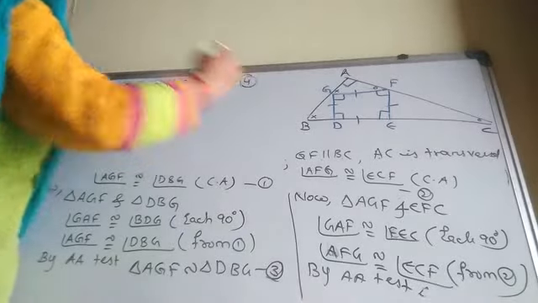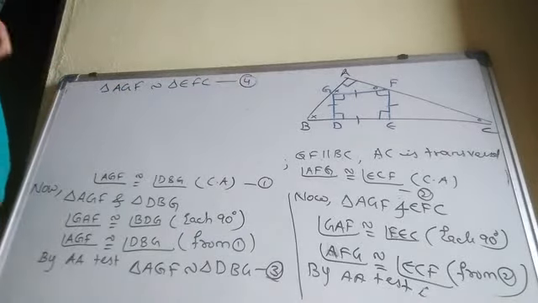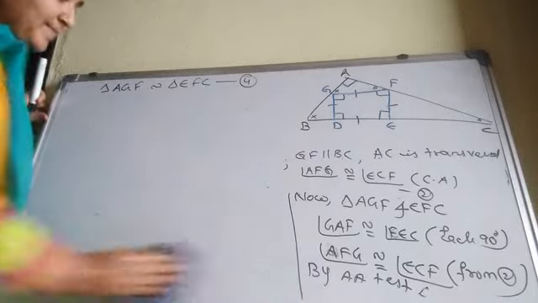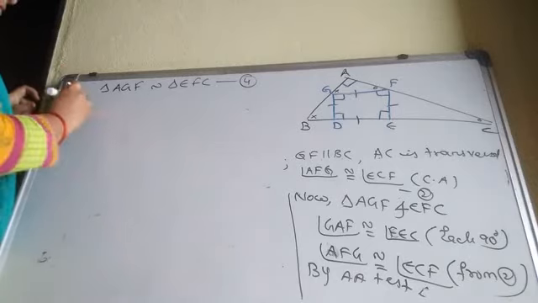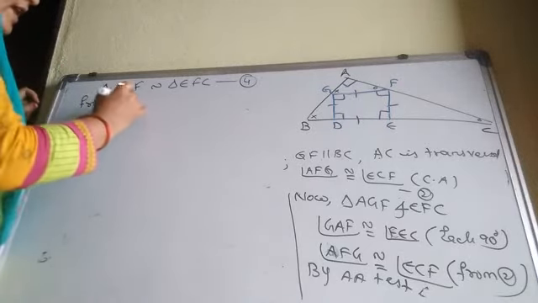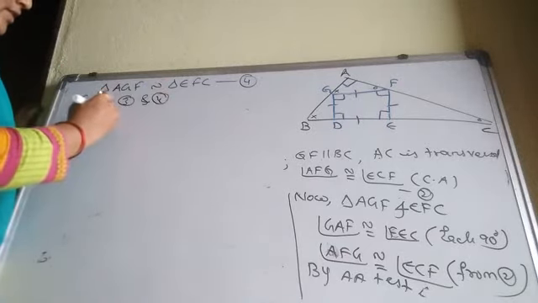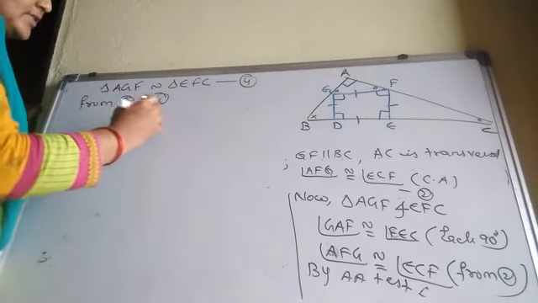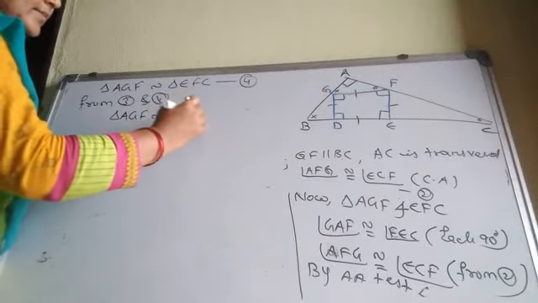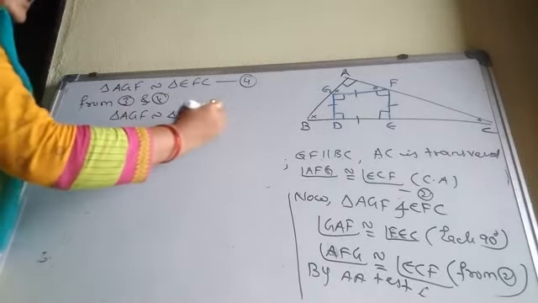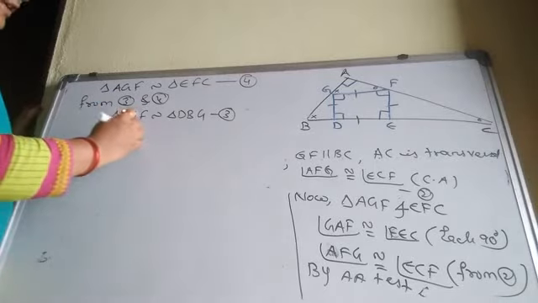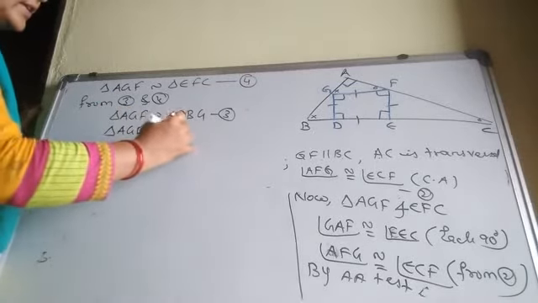This is number 4. From 3 and 4, you see the common triangle is AGF. Condition 3: triangle AGF is similar to triangle DBG. And the fourth: triangle AGF is similar to triangle EFC.